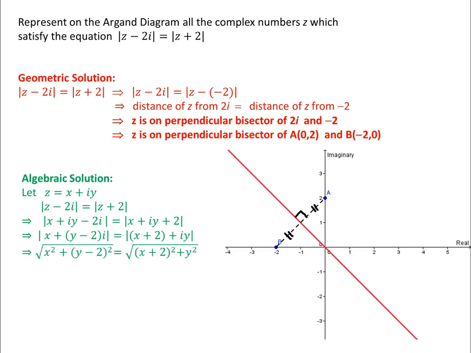So that's the square root of x squared plus (y minus 2) squared on the left hand side must equal the square root of (x plus 2) squared plus y squared on the right hand side. Square each side, we've got x squared plus (y minus 2) squared must equal (x plus 2) squared plus y squared.